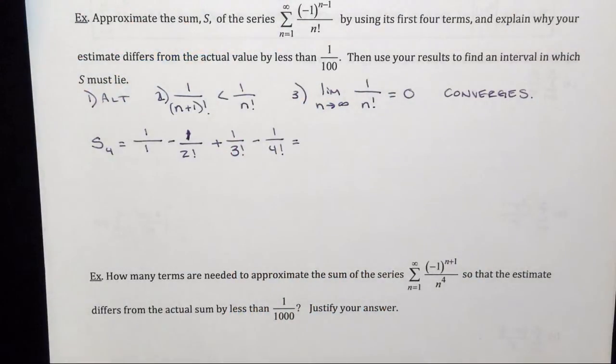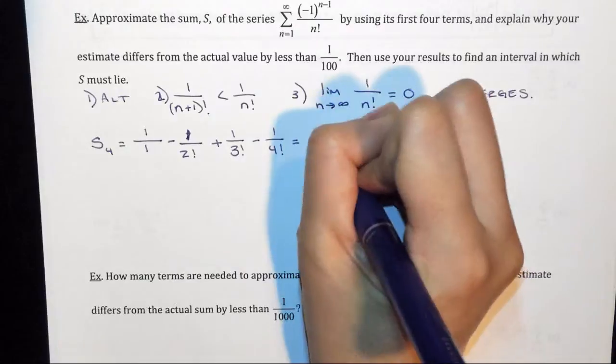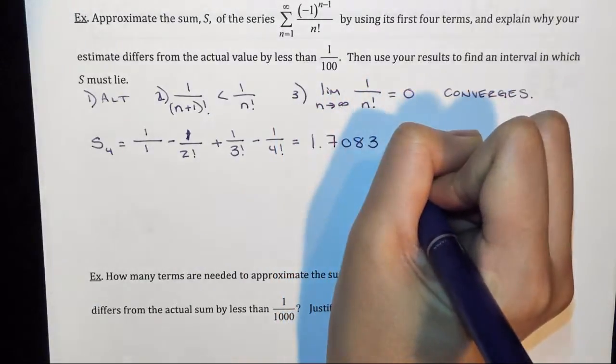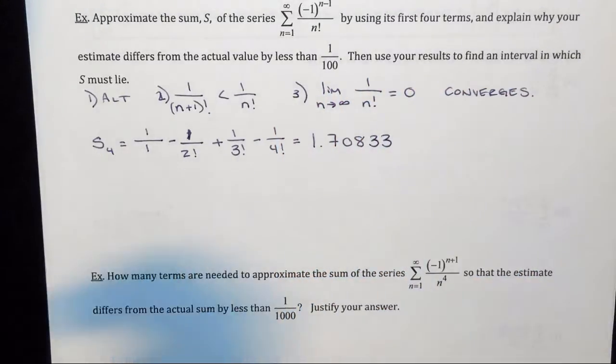So if I added them all up, you get 1.70833.